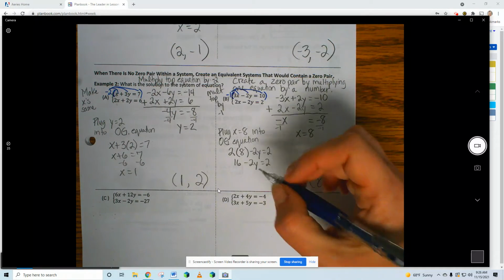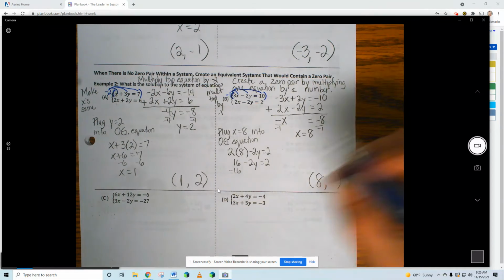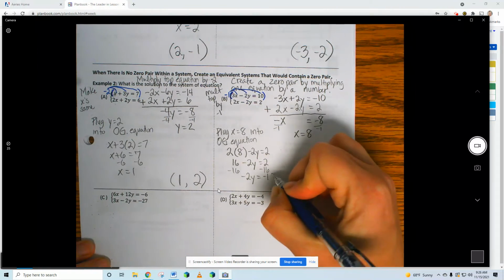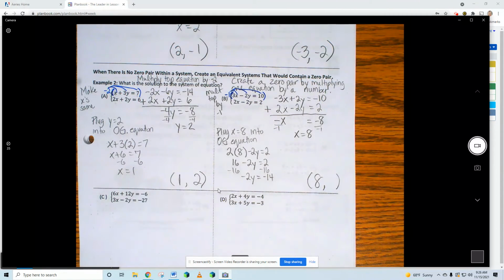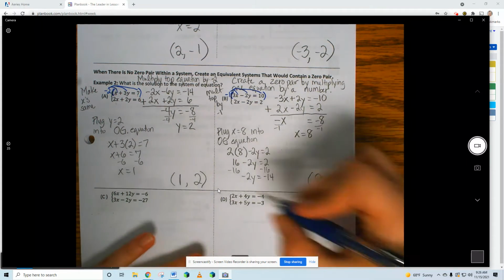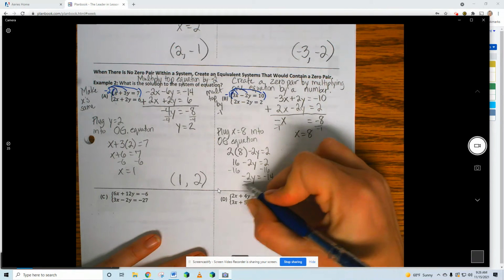All right, and then you'll just solve for y. Minus 16. Okay, divide by negative 2, yeah?